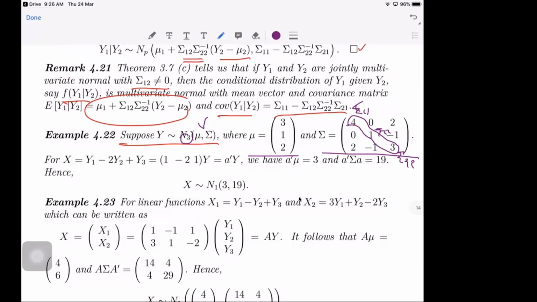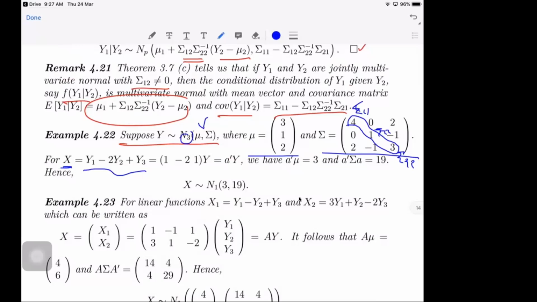So for x, a linear combination of y1 and y2 and y3, we write it as x. So your x is a linear combination of y1, y2, and y3. So particularly, we have y1 minus 2y2 plus y3.